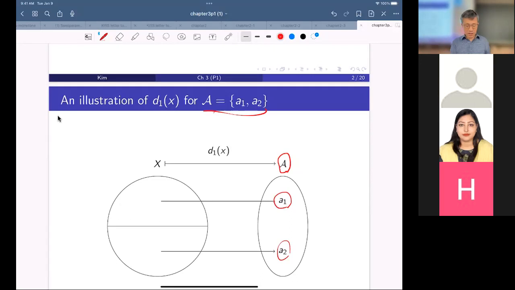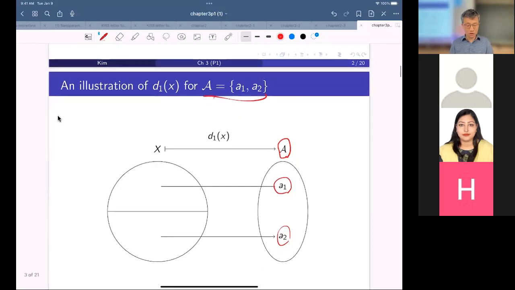You can measure, for example, blood sugar, or age group, gender, whatever. Use that information to partition the sample space into two parts. So that's one way to conceptualize this decision rule.